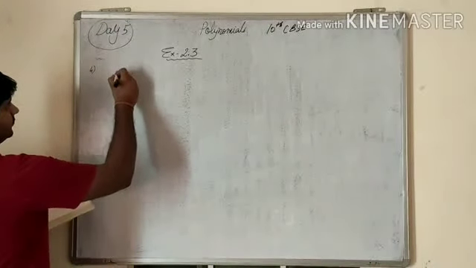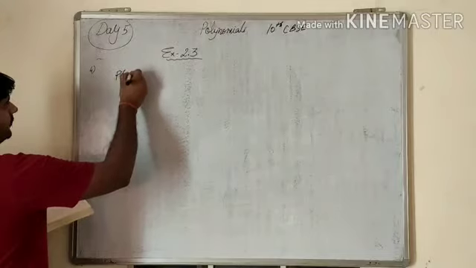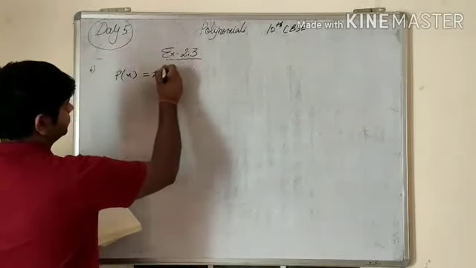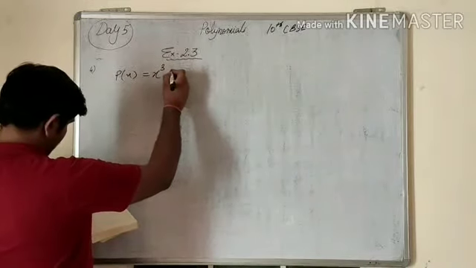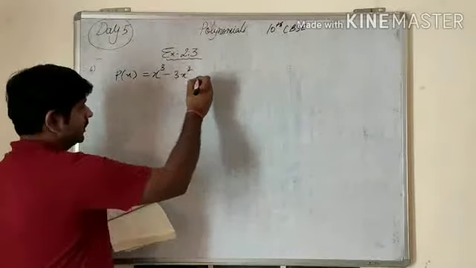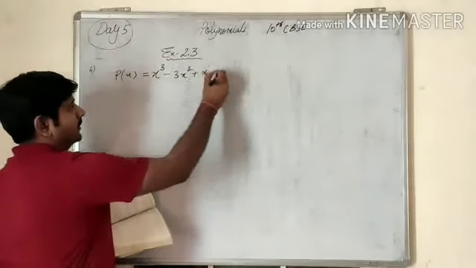There is a polynomial of x variable, p(x) equals x cube minus 3x square plus x plus 2.